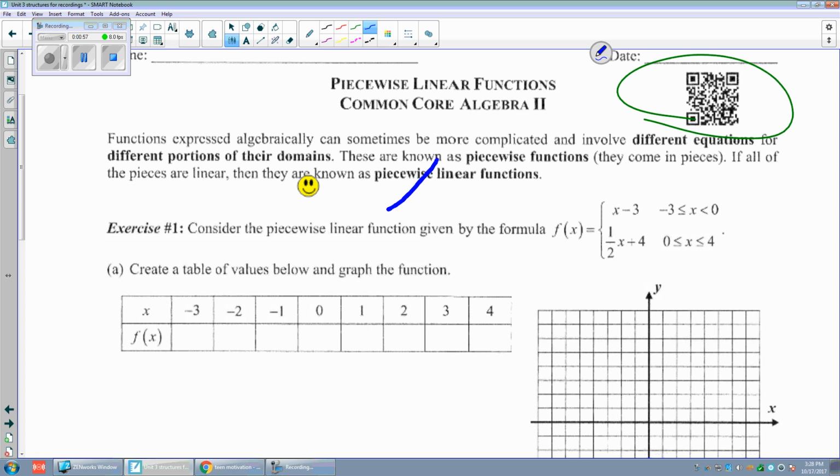Then it levels off. The temperature is not going up, but you're still putting energy in, and then boink, it does the same thing. What's happening there? It is turning from a solid to a liquid, and then from a liquid to a gas. Those are piecewise functions.